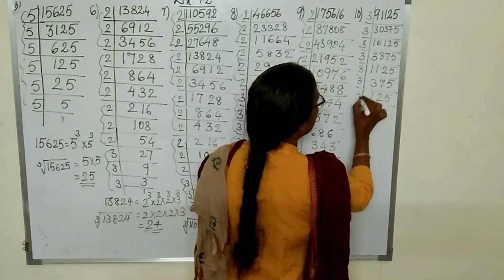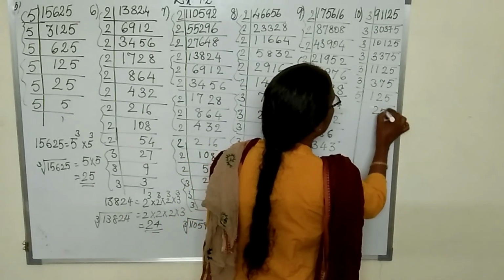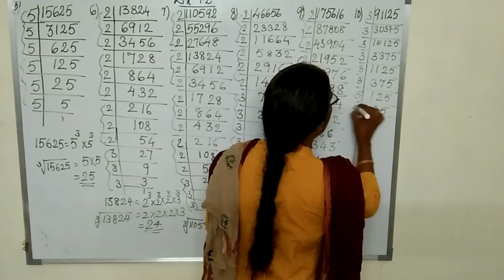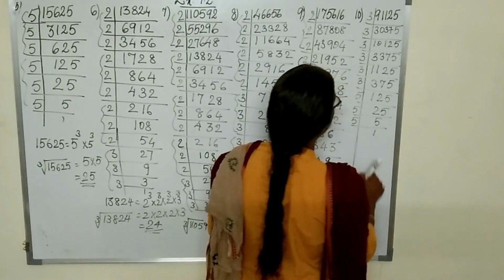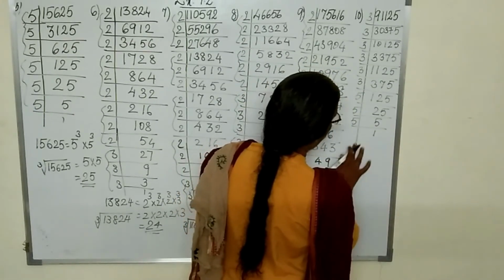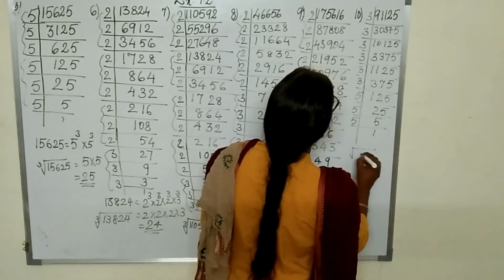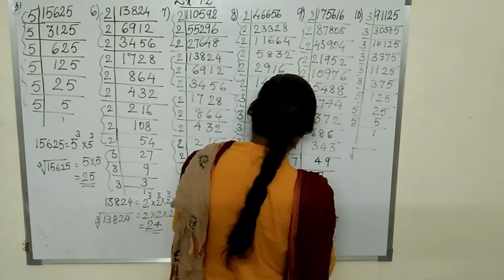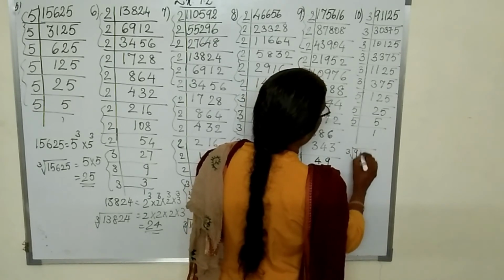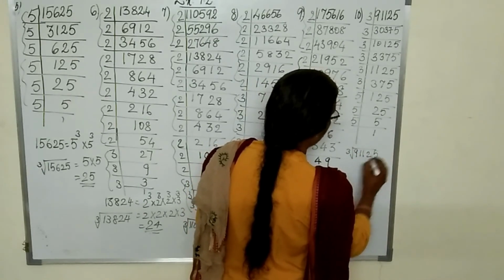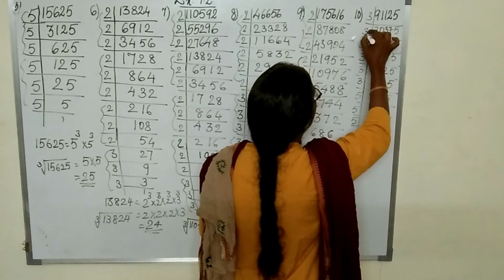So let us try with 5. 25. Again by 5. Again by 5. So cube root of 91,125 is equal to, see, 1, 2, 3.